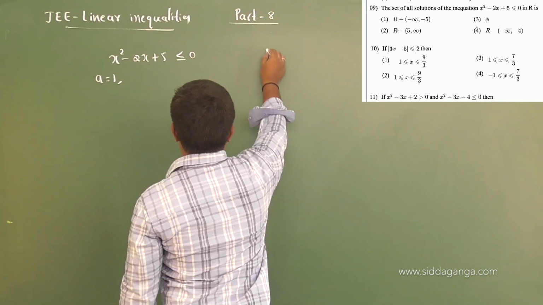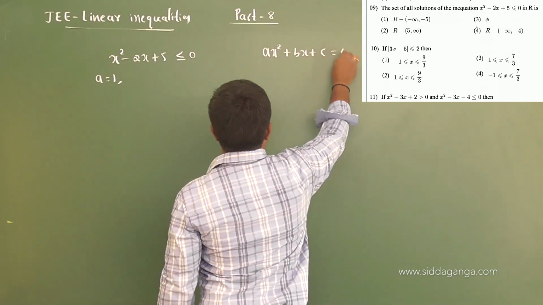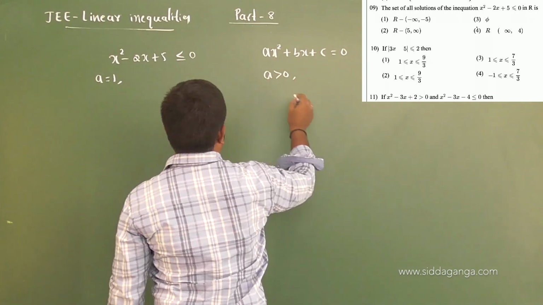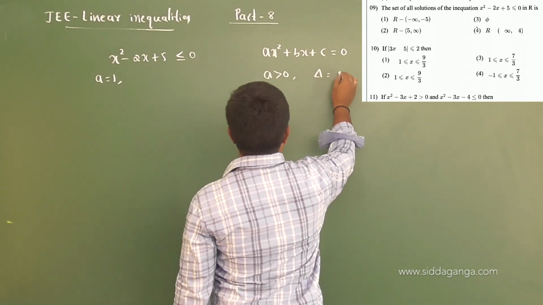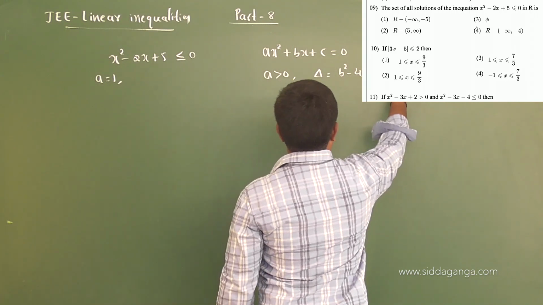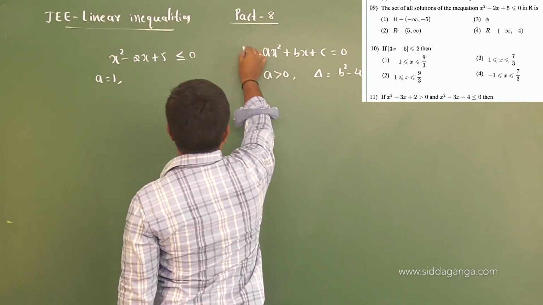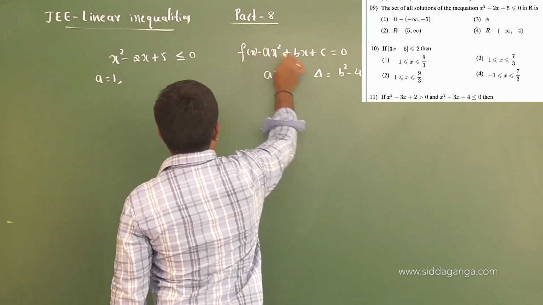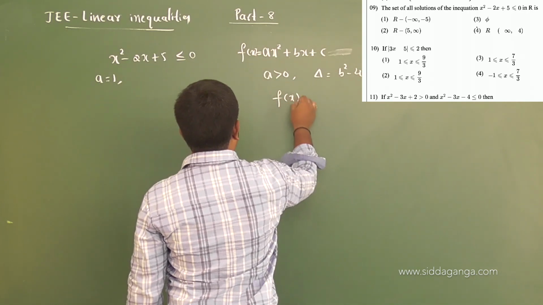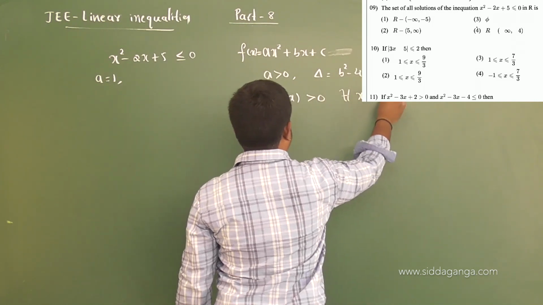In a quadratic equation, ax square plus bx plus c equal to 0, if the coefficient of x square, that is a, is greater than 0, and if the discriminant b square minus 4ac is less than 0, then f of x, if you take this as f of x, becomes always positive for any real number x.